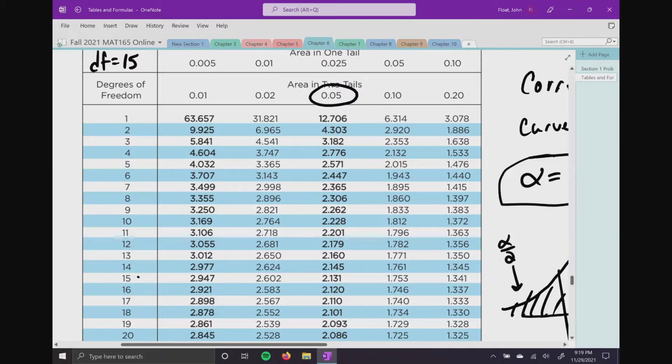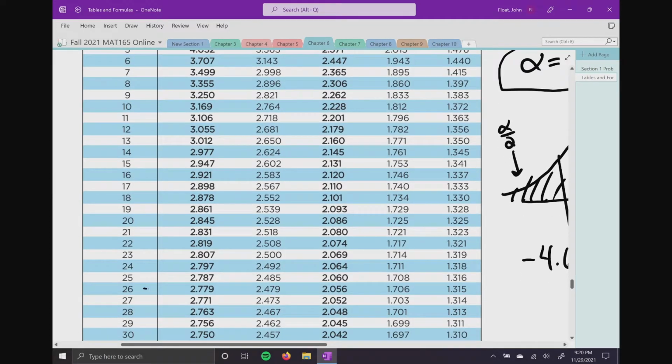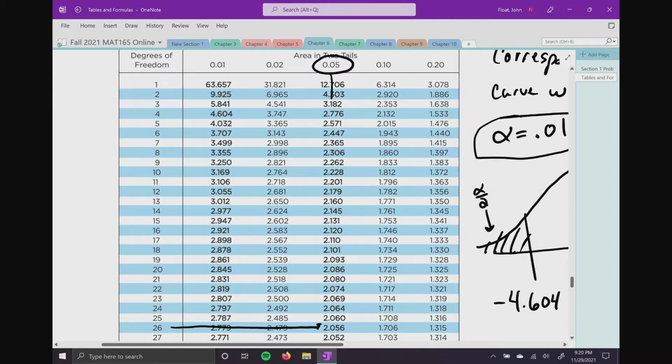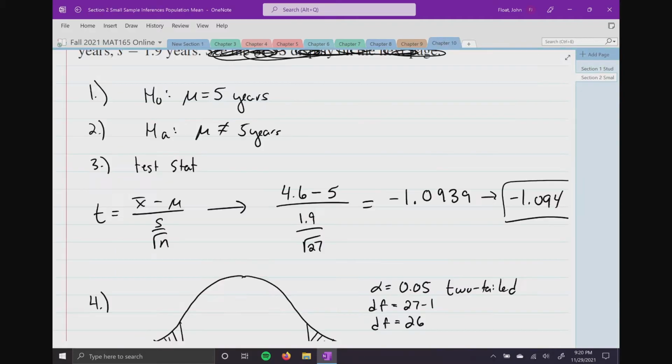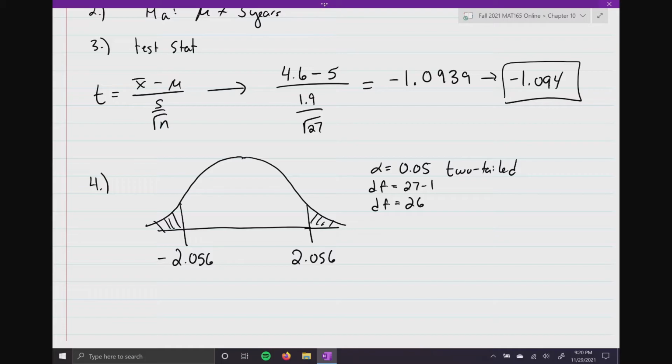Now we need to go down until we see 26 degrees of freedom. So 26 degrees of freedom is right here. And if I just zoom out just a tad, 2.056 will be my critical values. So 2.056 positive and negative 2.056 for the left. Now, let's go ahead.